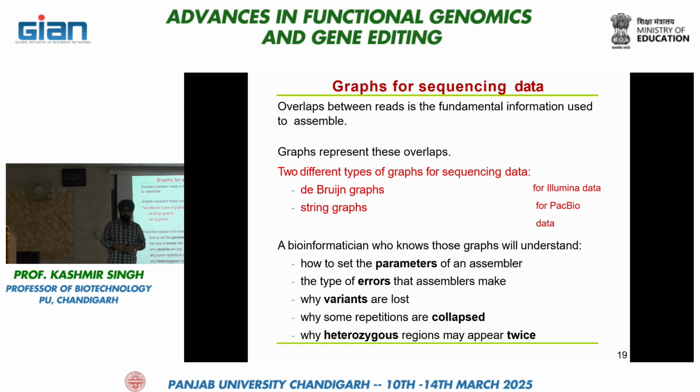Why are variants lost? Suppose your organism is making splice variants. That is everywhere nowadays. We know that splicing is present in all organisms, and in Arabidopsis we have splice variant data. In Arabidopsis, one gene makes at least 3 splice variants.